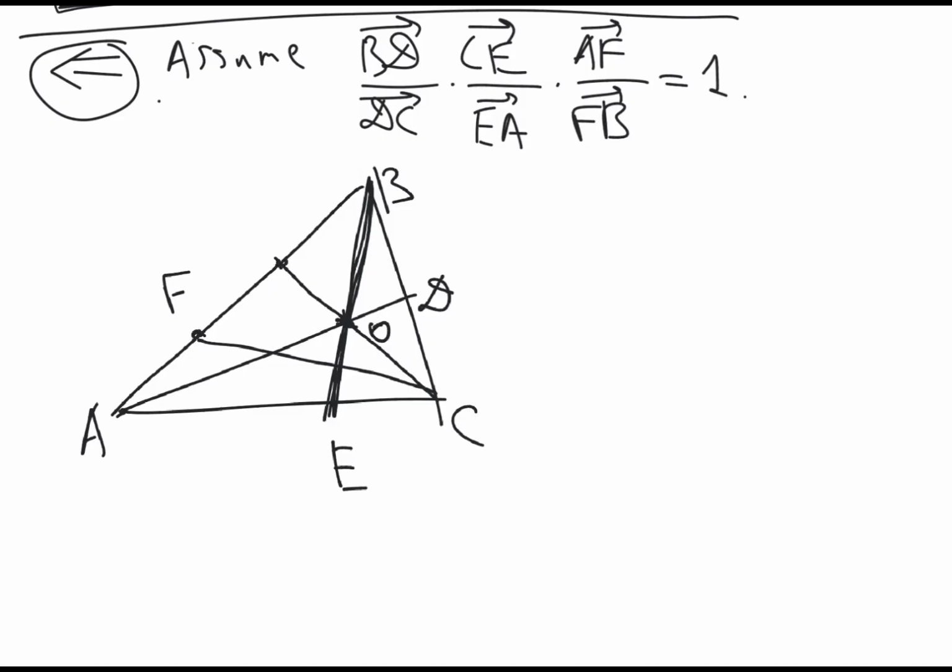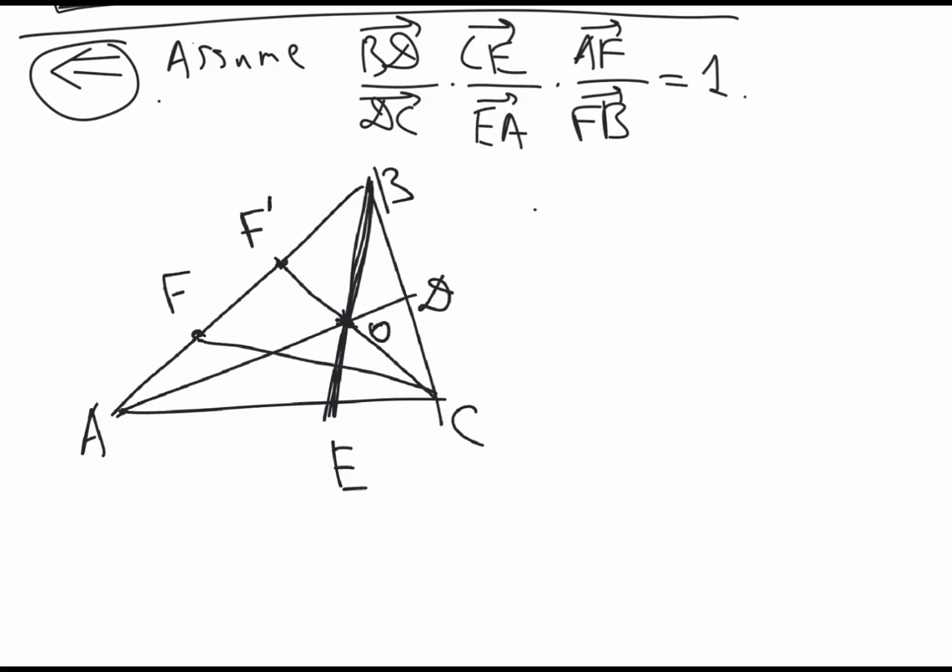And the intersection with the opposite side would be some point F prime. So then we can write the statement for the converse that we already proved.